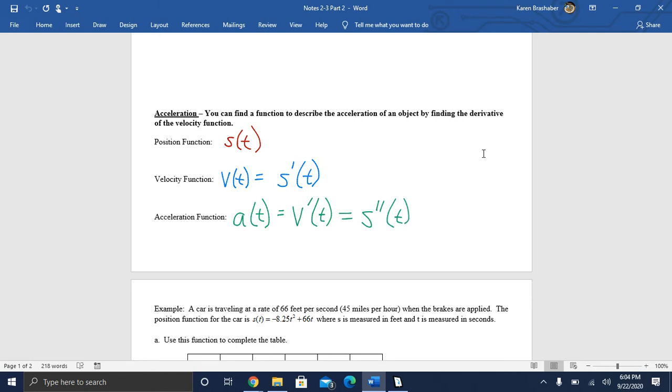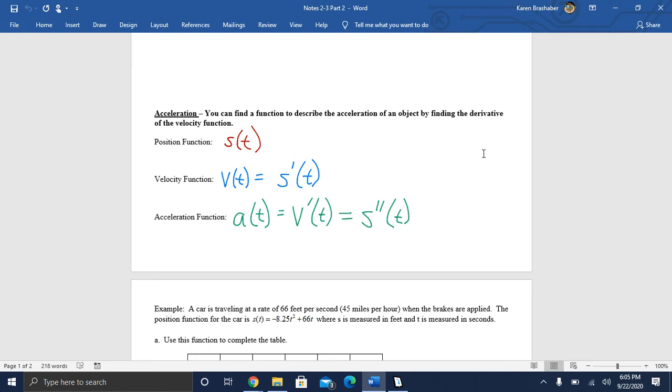So you could do the second derivative of position and get to acceleration. And you might do that if you didn't need to know any information about the velocity. So keeping that in mind, we're going to look at an example with a chart. I want to talk about your units of measure and then do some comparisons using the chart.